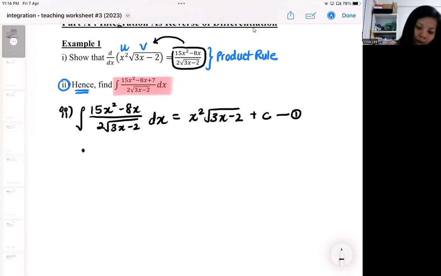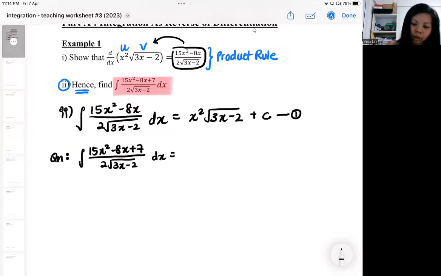Okay, but the question is asking me for 15x squared minus 8x plus 7. So I'm somewhere near and not near. I got the extra 7. So what do I do with the extra 7?